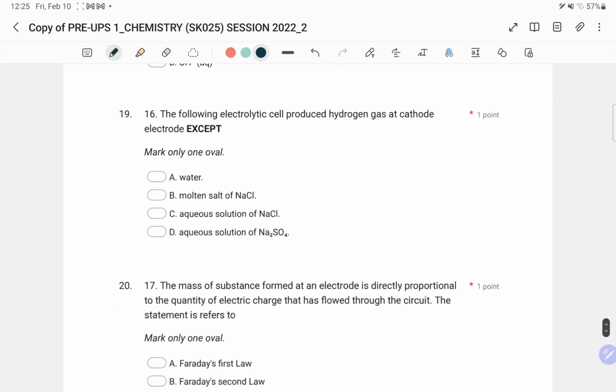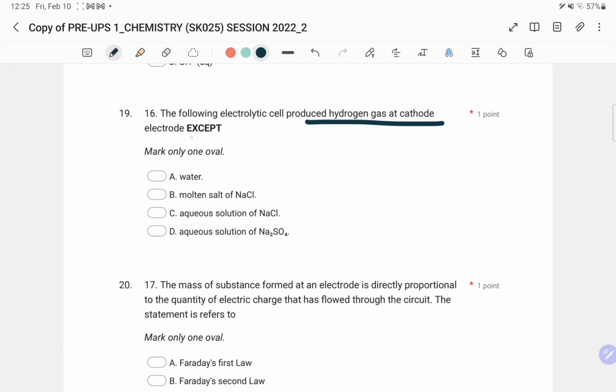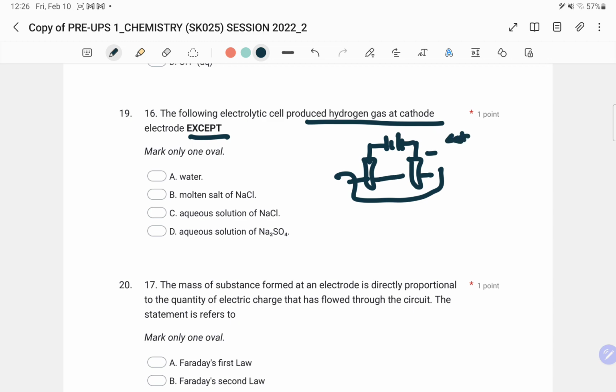H2O dipilih. Yang mana yang produce hydrogen gas at cathode? Accept. So water, kita ada electrolytic cell. So kita fokus kepada cathode kat sini. Okay. So kalau kita guna H2O, so H2O akan pergi.